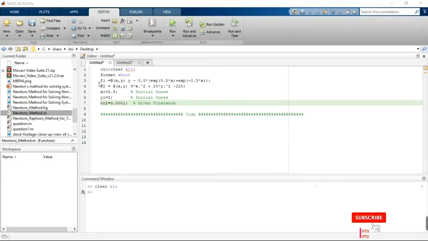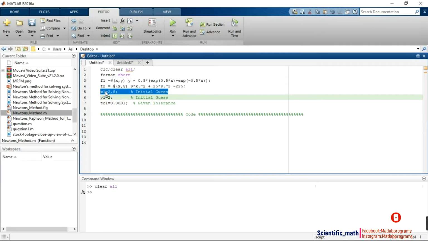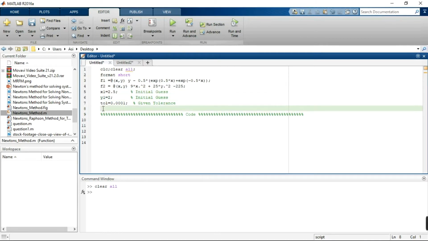So we have given functions f1 and f2. These are two nonlinear equations, with initial guess x1 equal to 2.5 and second initial guess y1 equal to 2.0, and we have a tolerance equal to 0.001.